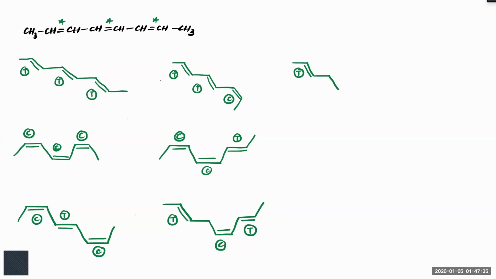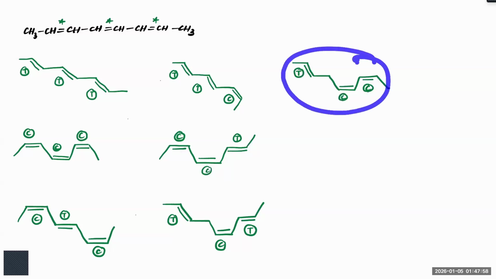Then I took it as cis and cis. Clear? Trans, cis, cis. Okay. See, trans, cis, cis is the same as cis, cis, trans, because now these two are identical. Clear?